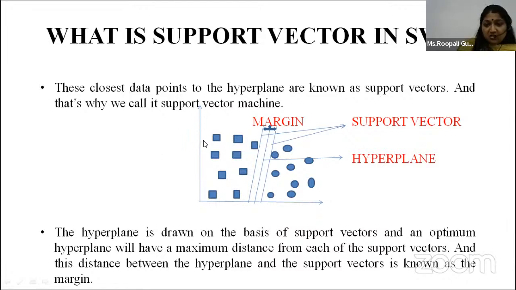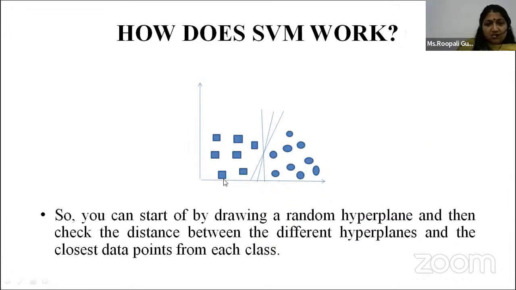Now the question comes into your mind: why have I considered this hyperplane? Because I have drawn three different hyperplanes, right? If you look at the different hyperplanes and make the support vectors, there will be different support vectors for each hyperplane, because each hyperplane is arranged in a different direction, right?